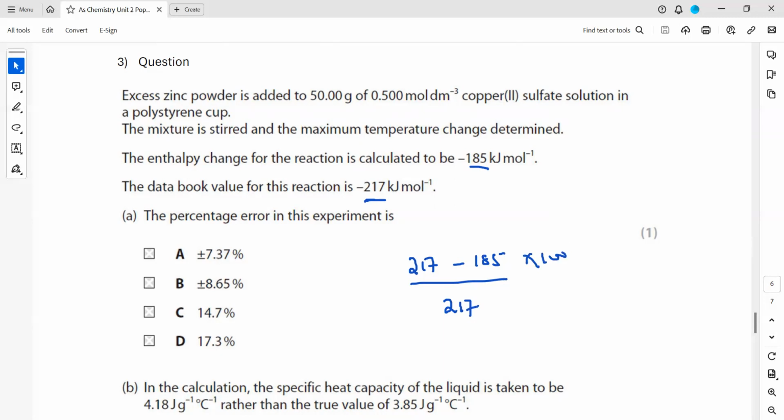So 217 minus 185, divided by 217, because the data booklet or standard value is 217, times 100. That will give us the percentage error in this experiment. So it will be 14.7. So C will be the right answer.